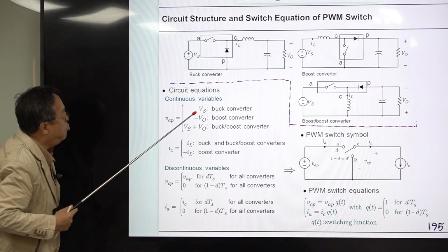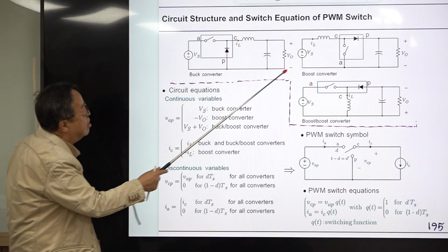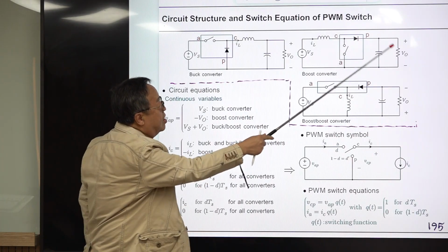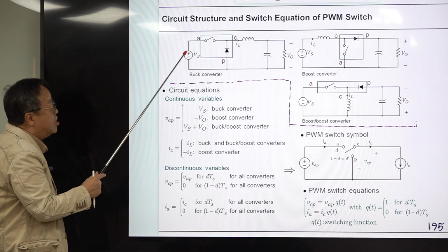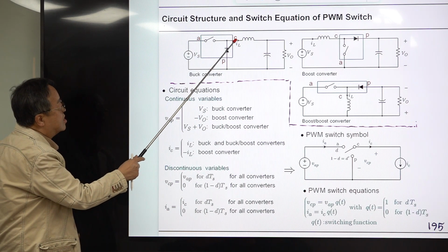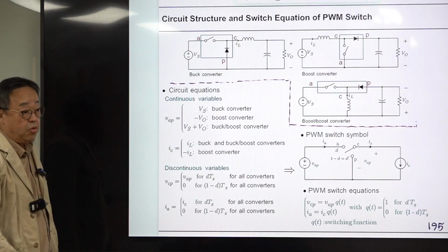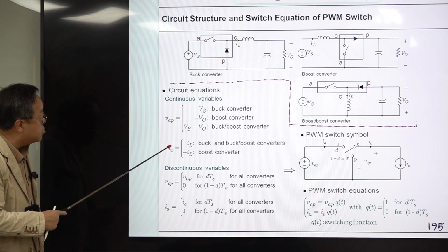So this is a circuit equation which can be applied commonly to all these three converters. We have continuous variables: the voltage across A-P is a continuous variable. Actually there is a constant voltage, and the common terminal C is carrying the inductor current all the time, so this is a continuous variable, and this is a continuous variable.